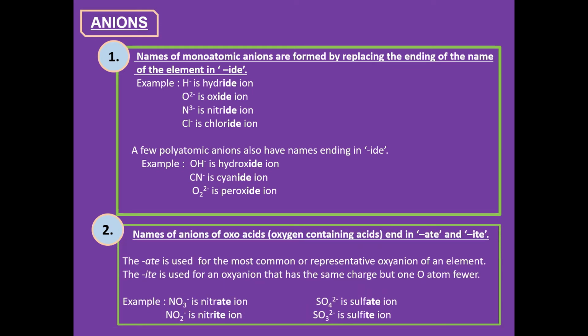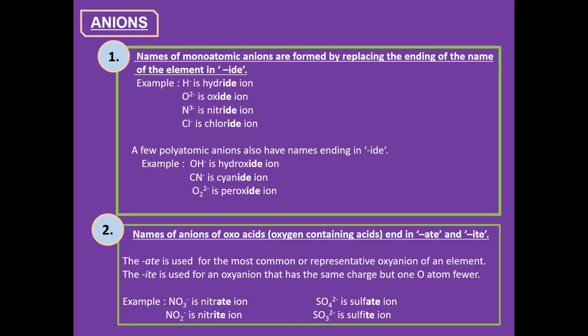Second part, names of anions of oxo acids, oxygen-containing acids, end in "-ate" and "-ite". The "-ate" is used for the most common or representative oxyanion of an element. The "-ite" is used for an oxyanion that has the same charge but one oxygen atom fewer.